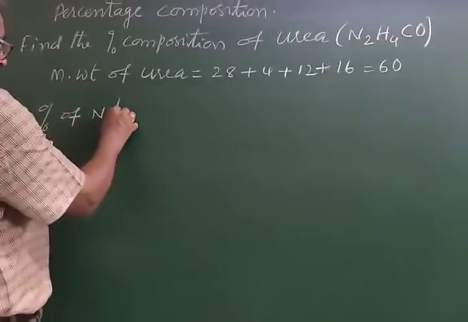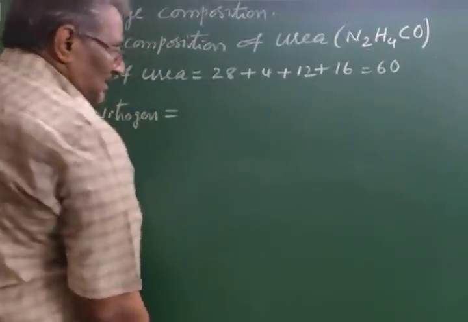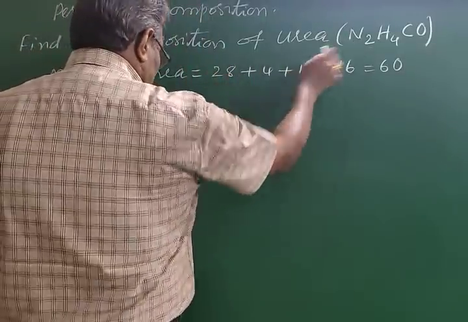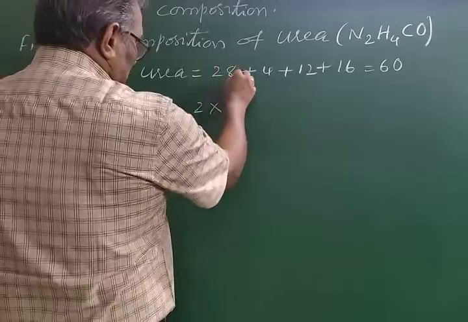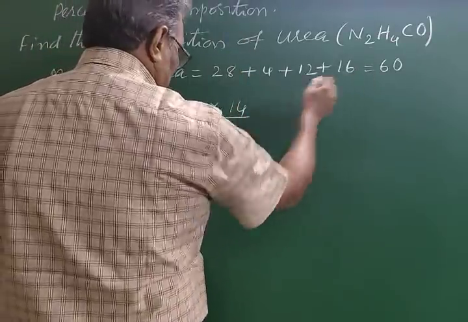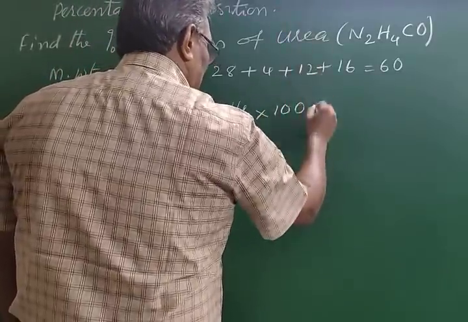Percentage of nitrogen is equal to number of nitrogen atoms present into atomic weight of nitrogen 14 by molecular weight 60 into 100.